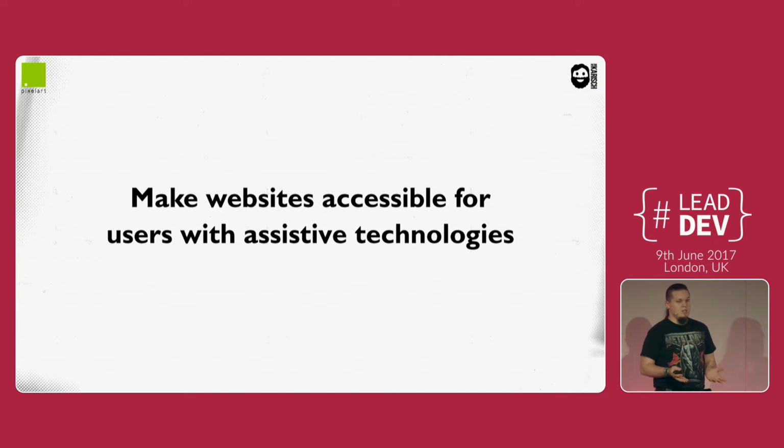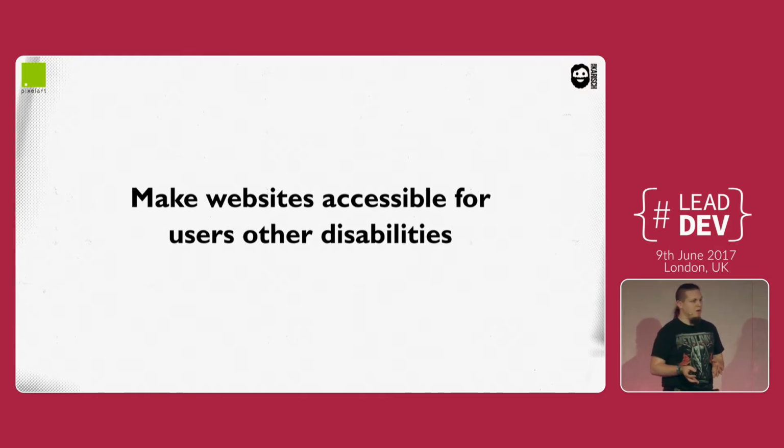Make your website accessible for users with assistive technologies, like a screen reader, or people who need a magnifying lens, or people who aren't capable of using the mouse and depend only on tabbing through your website. But also make websites accessible for users with other disabilities.